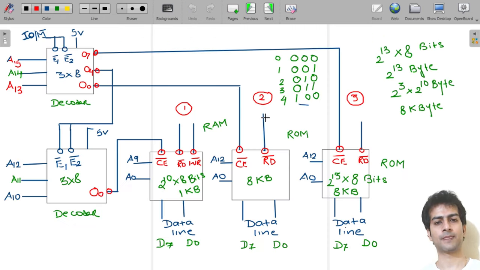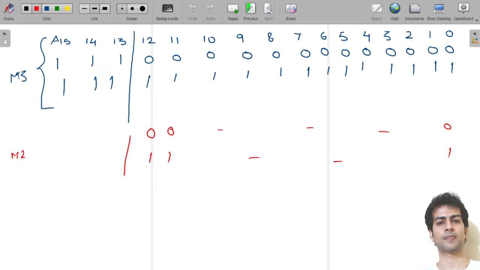Now coming to the main part: this will be enabled when O0 of this decoder is enabled, and O0 will be enabled when we get 000 here. Now write 000. Now you will get the memory range of M2 also.